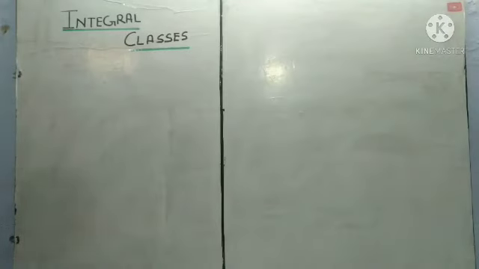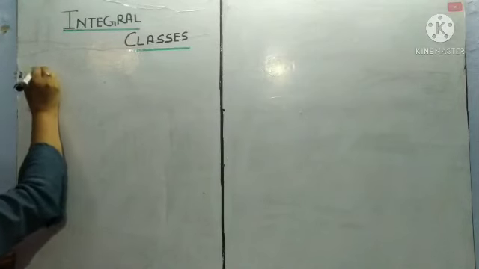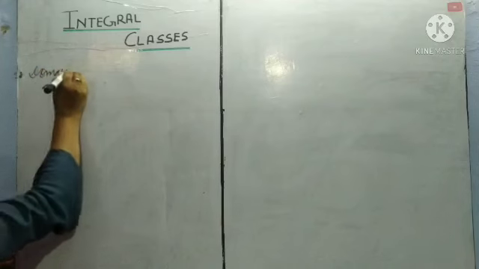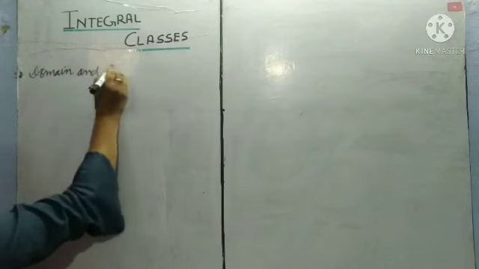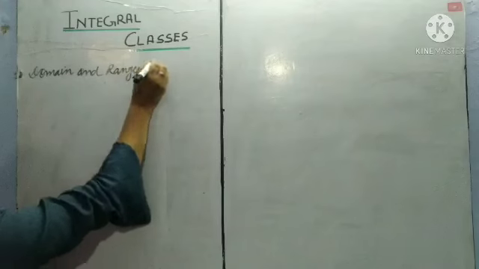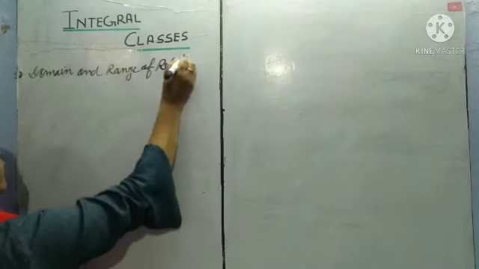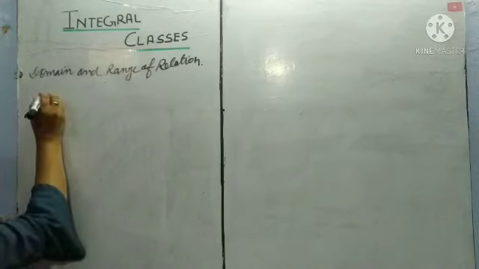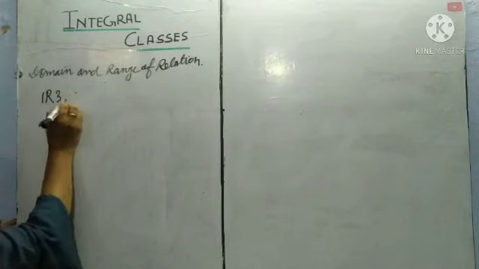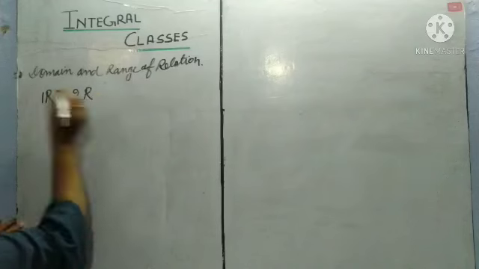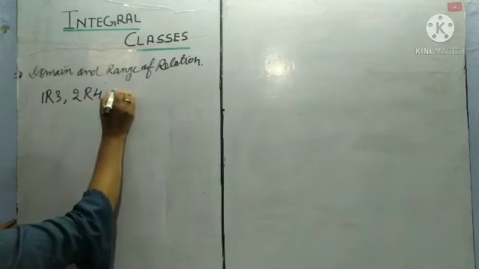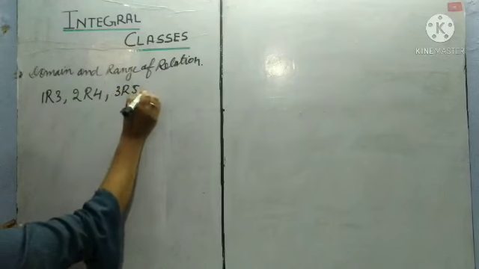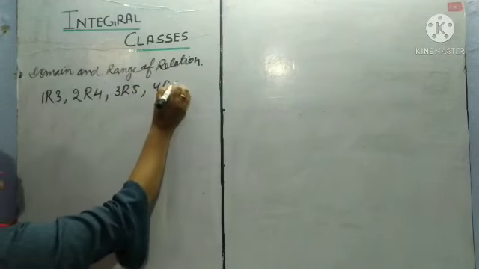Now the second topic is domain and range of a relation. Now we take again our previous example: 1 R 3, 2 R 4, 3 R 5, 4 R 6.